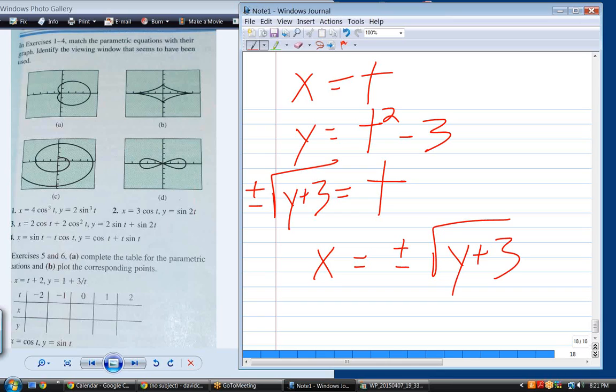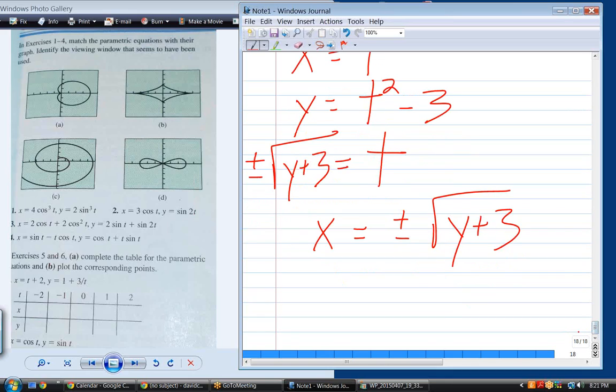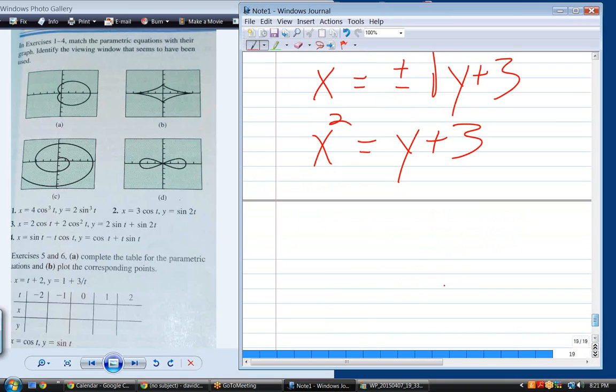What's that the equation of? I don't really recognize that. Square both sides. Like a parabola?